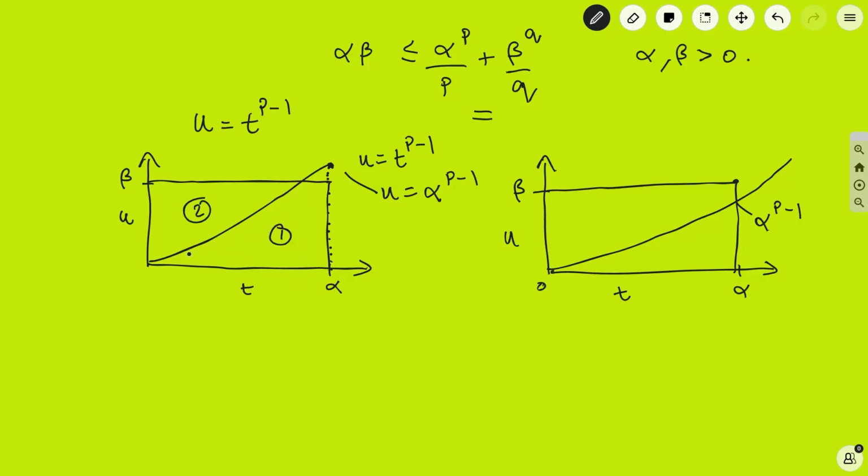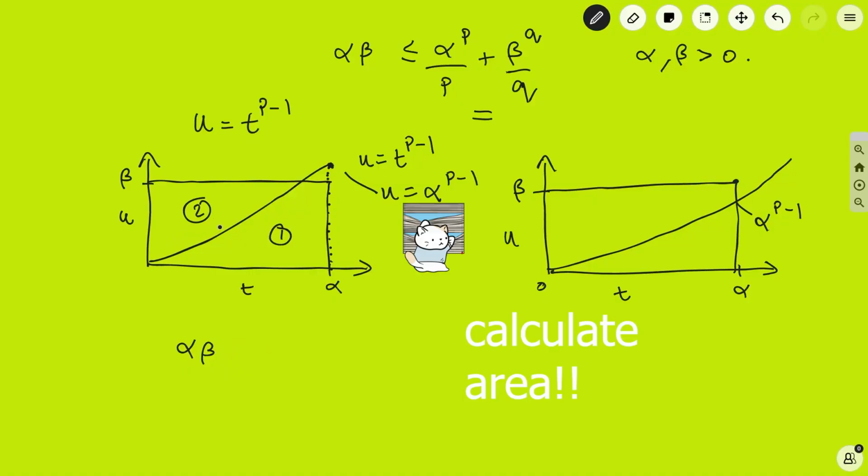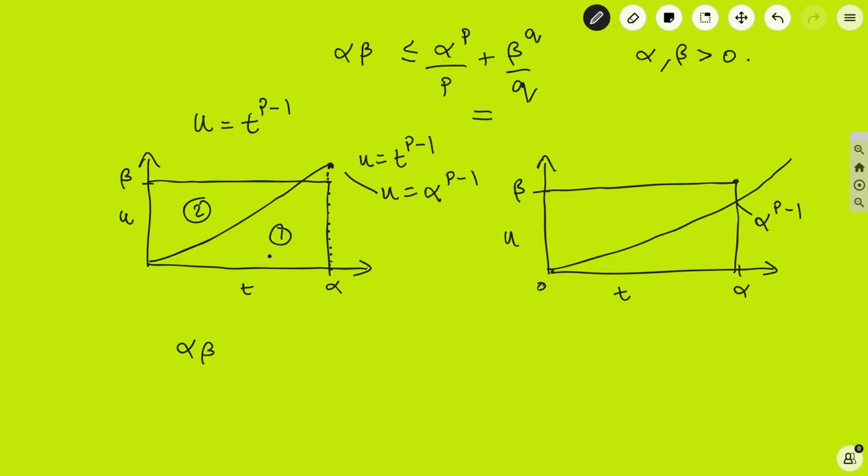So what you see here is a rectangle, and the area of a rectangle is alpha times beta, length times the width. But you can see there's another way to compute the area, and that's by integrals.